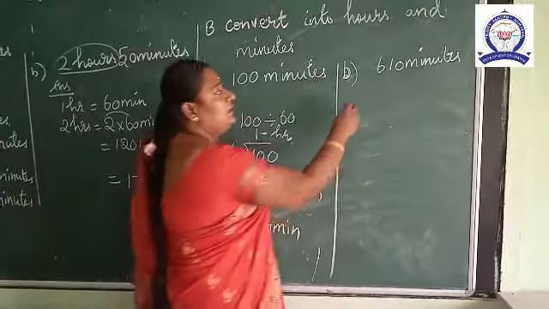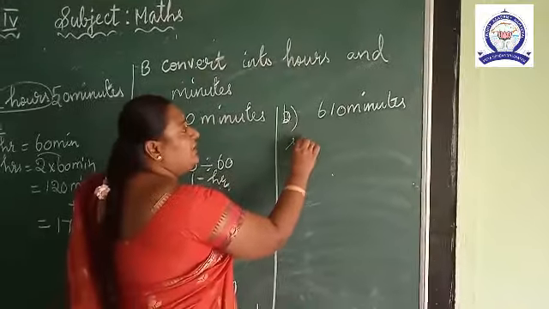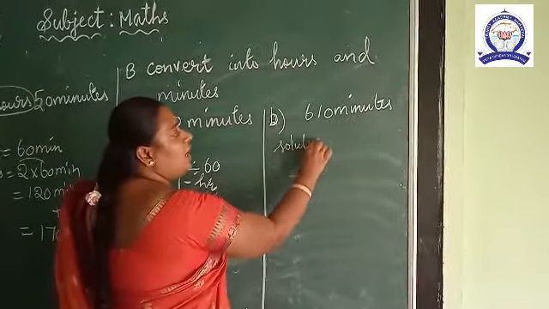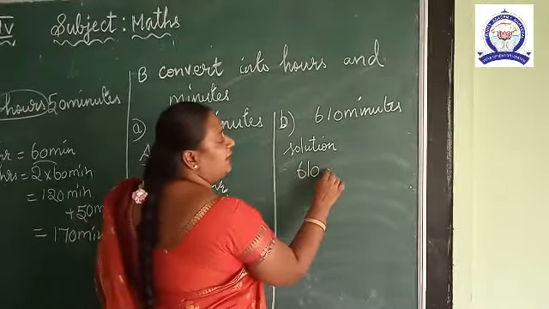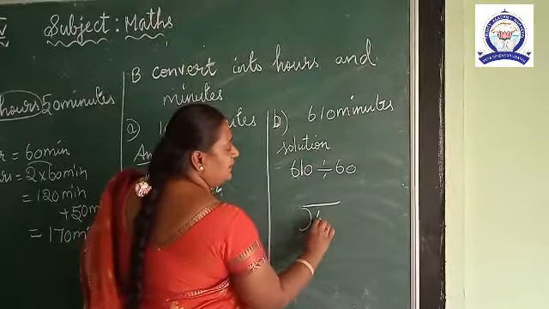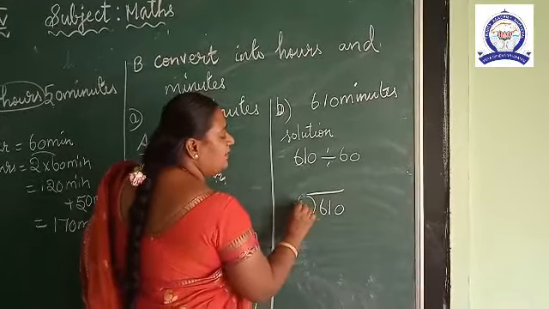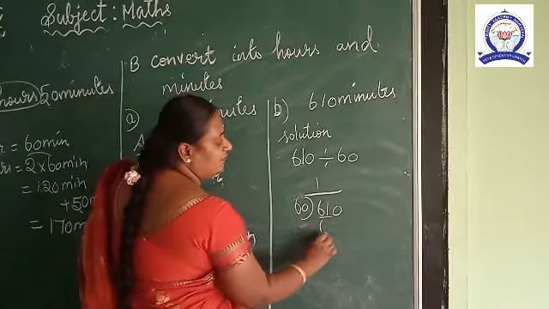See the next question. 70 minutes. So convert this into hours and minutes. For that we are going to divide 70 divided by 60. First consider 70. 1 time 60.